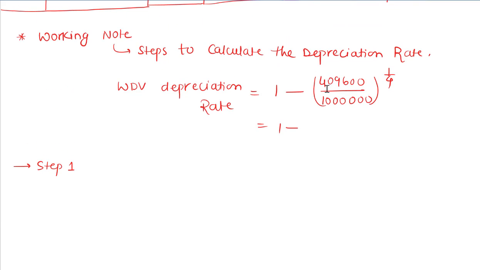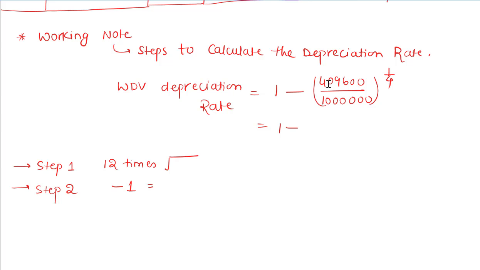Step 1, first of all you will solve this. You will write on your calculator 4,09,600 divided by 10 lakhs, which is equal to 0.4096. Over here, step 1 is 12 times square root.